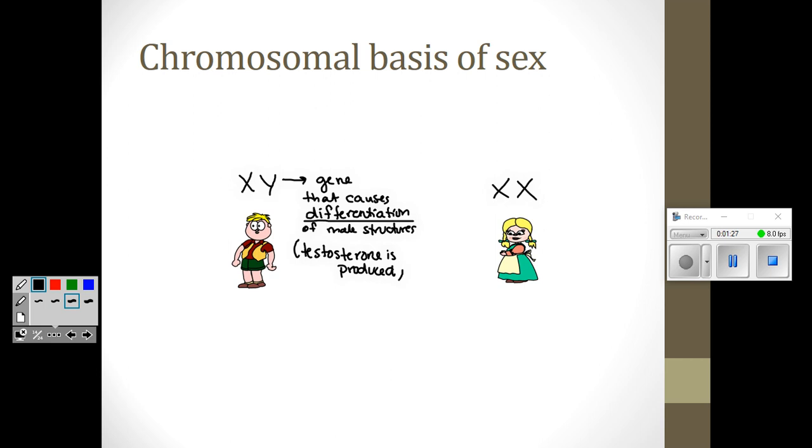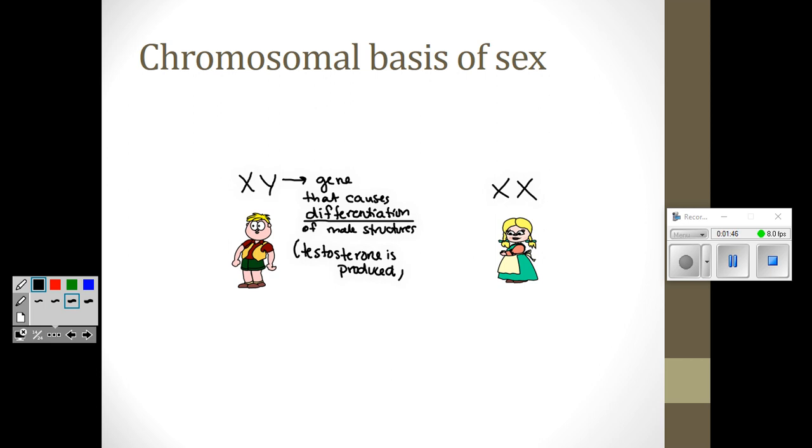Now, differentiation is something we'll talk about more in the next lesson when we talk about the development of an embryo. But people talked about it today in Ben's presentation, when he talked about differentiation of blood cells, of stem cells into other cells.